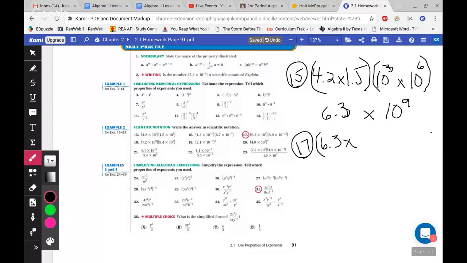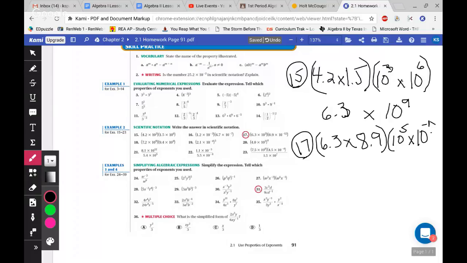So we're going to switch the non-exponented numbers into a parenthesis together, and then put the base and exponent numbers together.